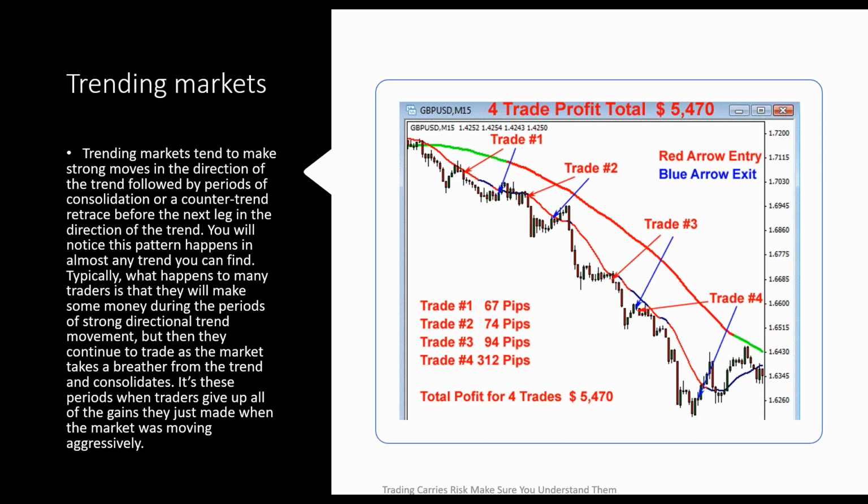Now, when you find an asset that's trending, and because it should move down and then up or down and up and have these peaks and valleys, when it starts to form the valley or the retracement, you have three choices.